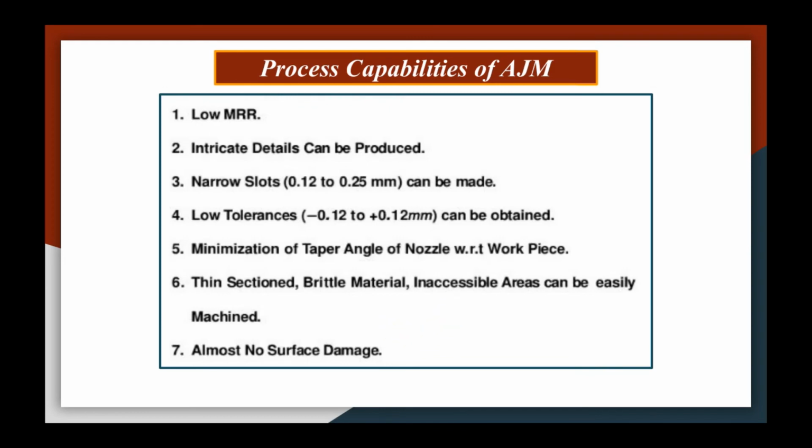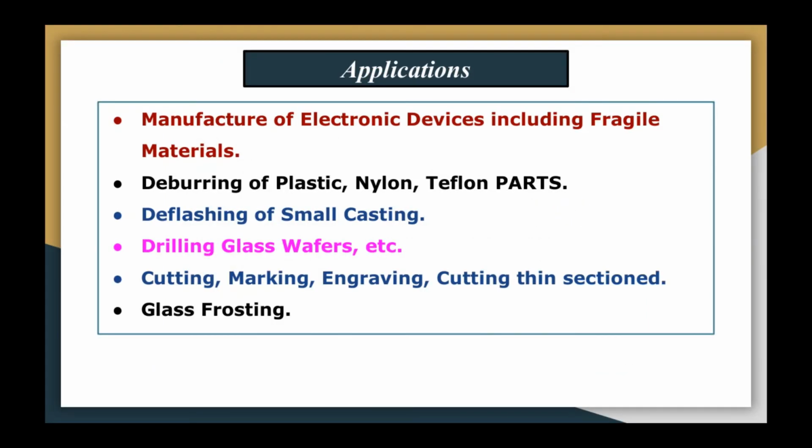Now let us discuss the applications. This AJM process is very much applicable in the manufacture of electronic devices, including devices made of fragile materials. It is very good for deburring of plastics, nylon, teflon, and other similar parts which may be made of very hard materials or even soft materials.